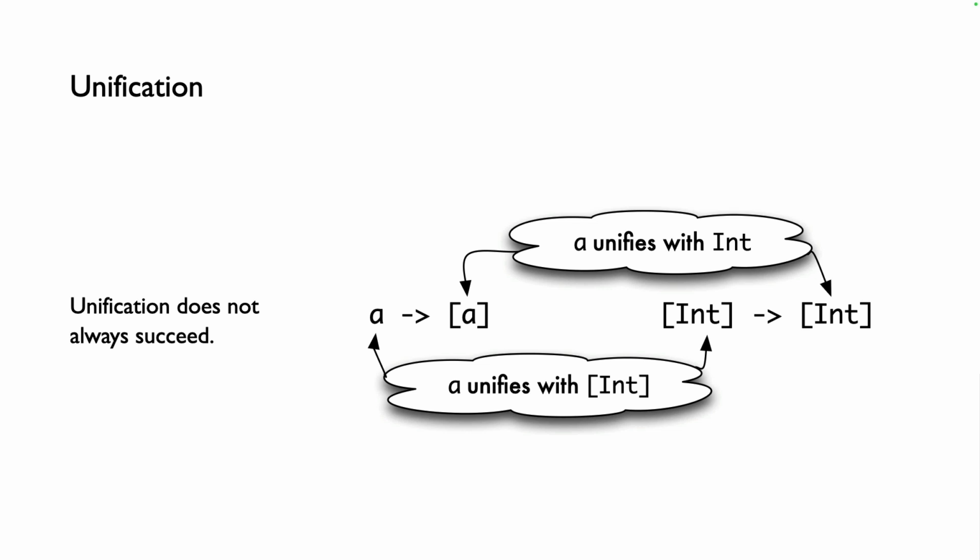And we can't simultaneously replace A with int and replace A with list of int. So in a case like this, the unification will not succeed, and we will get an error message saying fail to unify this expression with this other expression. And as we've seen, this is a type error message that we can get quite frequently.